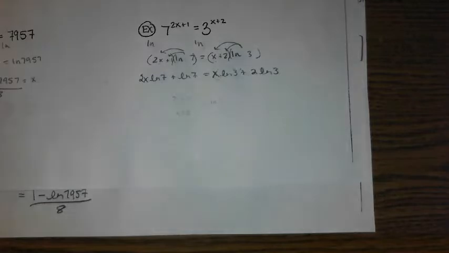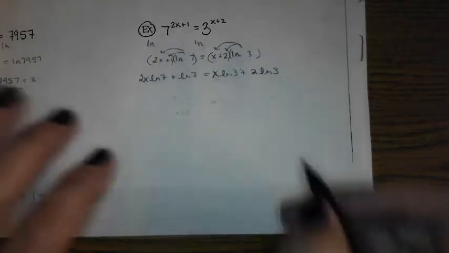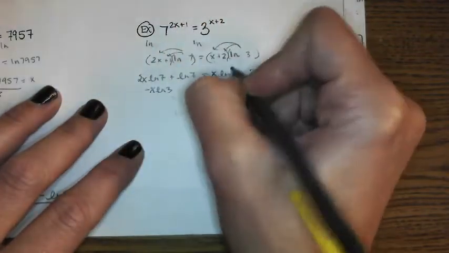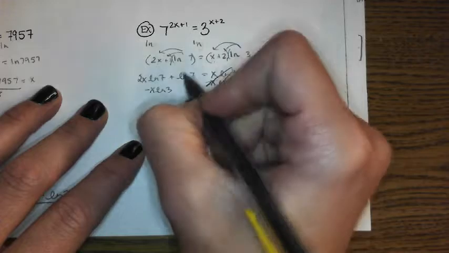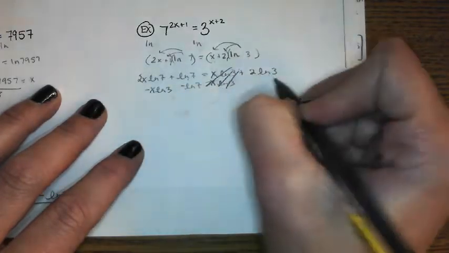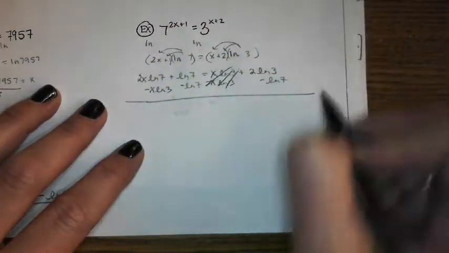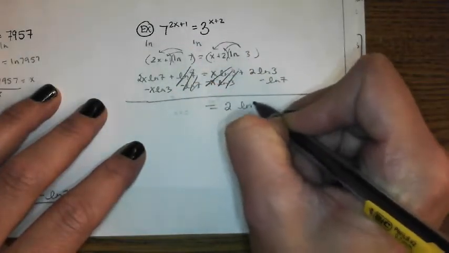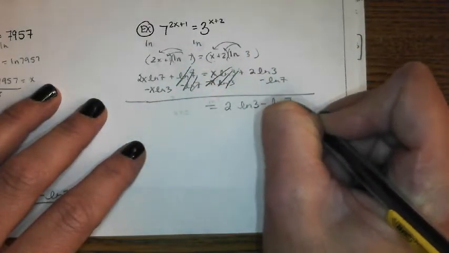Now, because we've got 4 distinct terms, we can subtract and get all of our x terms over on the left and subtract the constants, so subtract the natural log of 7 over to the right. So on the right-hand side, we have 2 times the natural log of 3 minus the natural log of 7.